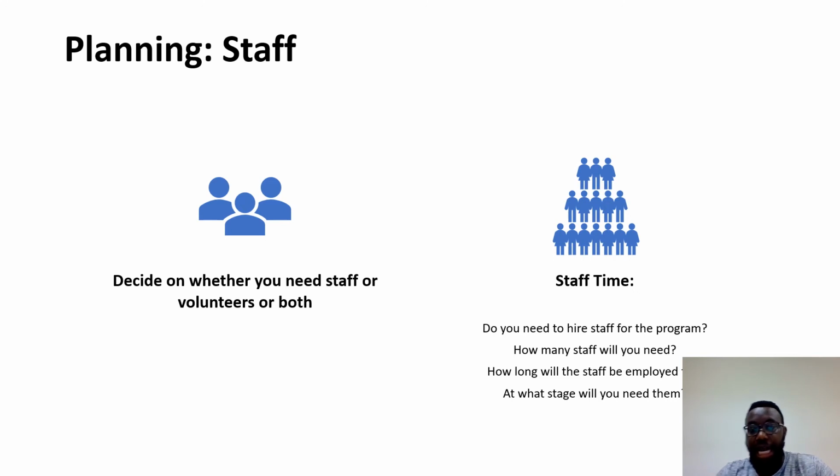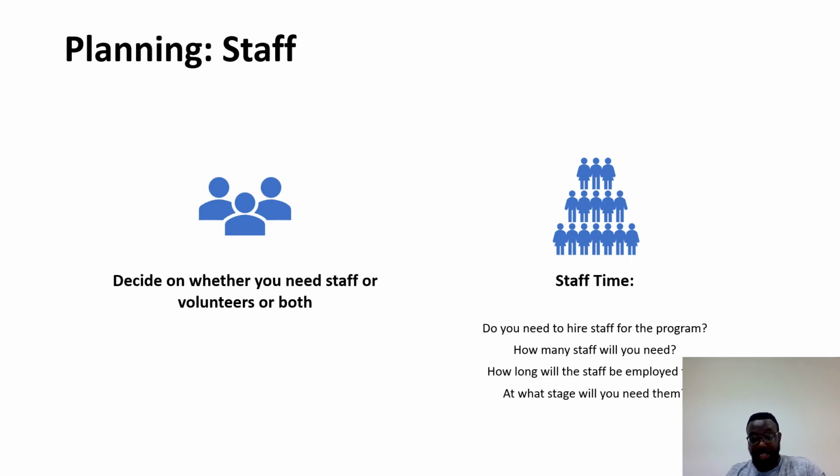Then how long you will need this staff for will depend on what stage you want them and what kind of staff you're looking for. Do you need staff who will just plan the program and that's it for them? So you may need staff at the planning stage. You may need them at the implementation stage.